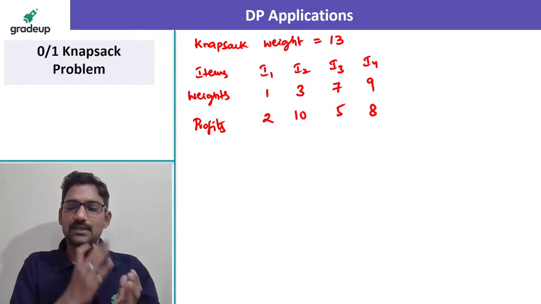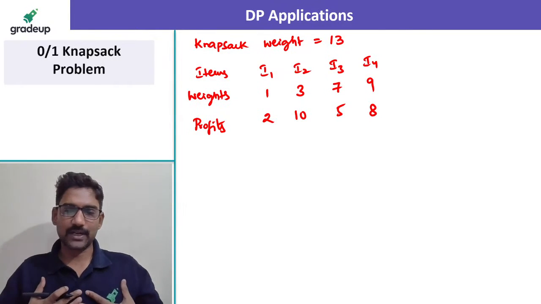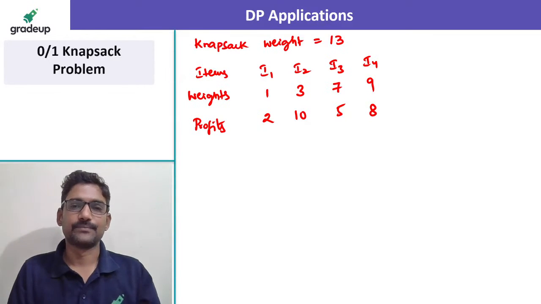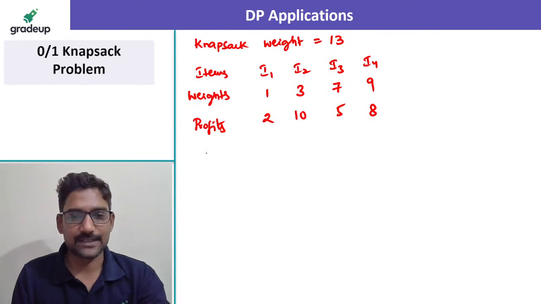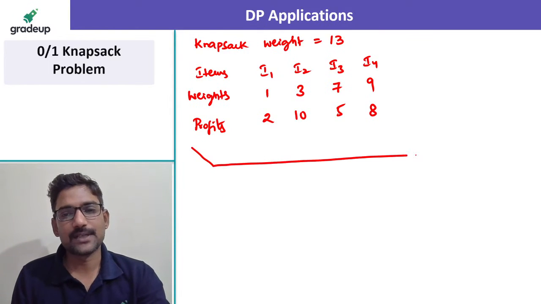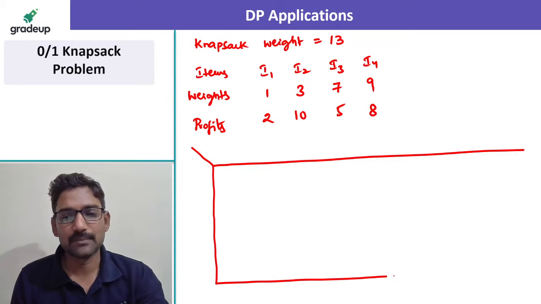So there comes dynamic programming. Dynamic programming says, don't worry, I am here, I'll give you a simple method. Just construct a table. I told you dynamic programming follows the tabulation method.